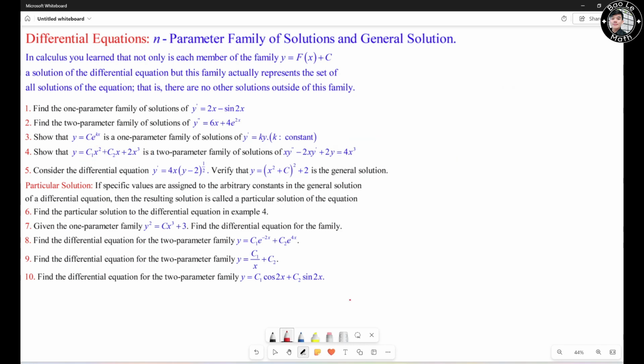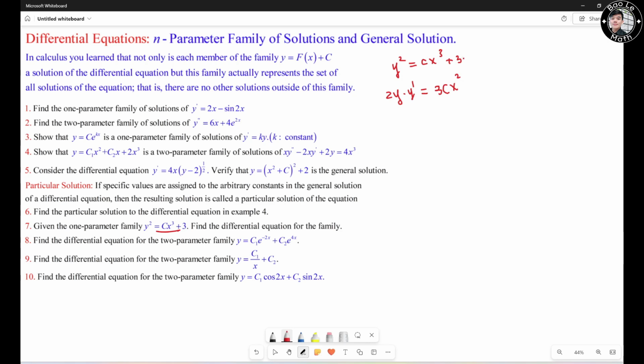Now, let's move on to question number 7. We need to find the differential equation for the one-parameter family right here. Basically we have y squared equals c s cubed plus 3. We need to take the derivative of both sides. So we have 2y times y prime equals 3c s squared.